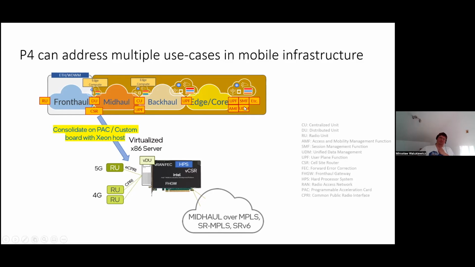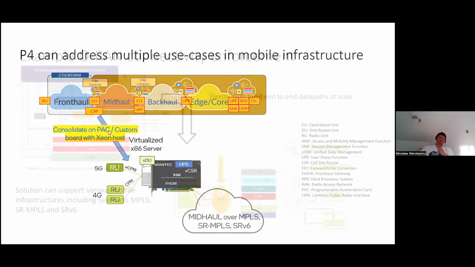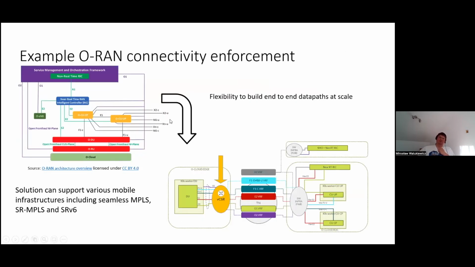This is also possible using P4, but really we wanted to show the audience that we are able to implement a custom architecture for the VCSR. Why really P4? Why do we need the P4 flexibility? Because we are using P4, we require the flexibility. Here on the left, you can see the reference architecture of ORAN.